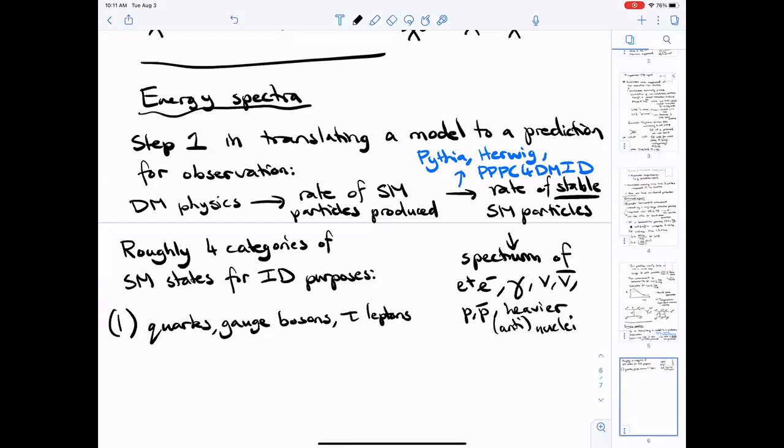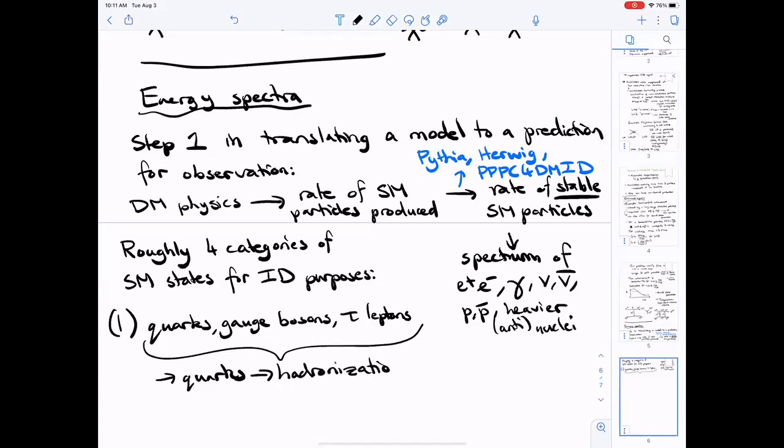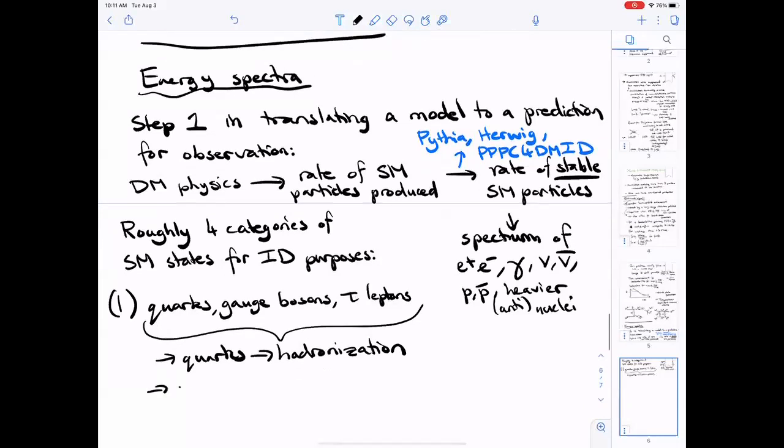The reason is that gauge bosons and tau leptons have hadronic decays. So at the end of the day, what's going to happen is you make a lot of quarks, and then those quarks hadronize. This leads to hadronization, and hadronization leads to copious production of pions.